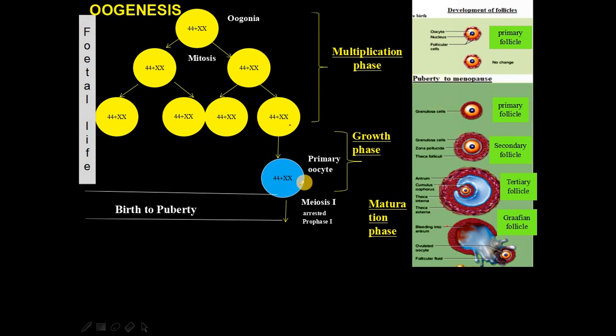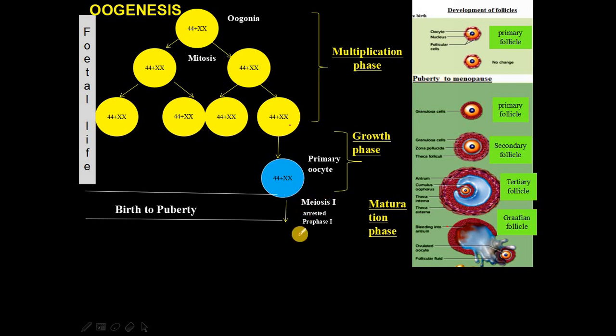At puberty, you know now there are 60,000 to 80,000 primary oocytes left in each ovary. A group of primary oocytes, say 15 to 20, starts resuming its meiosis, but ultimately only one will proceed with its division.